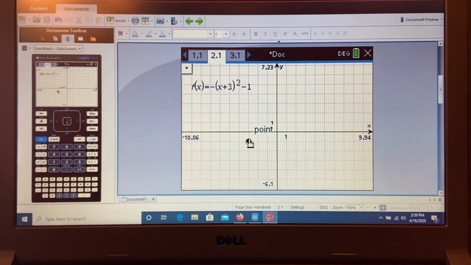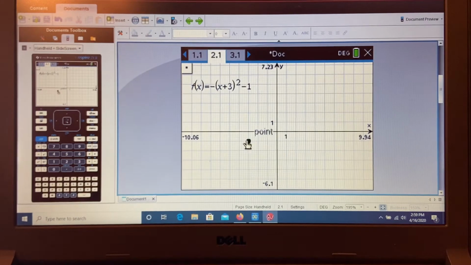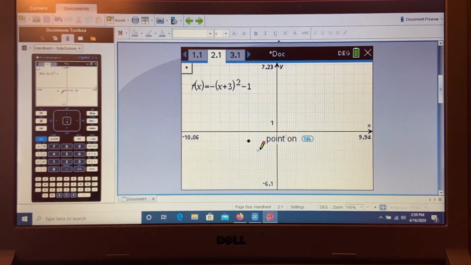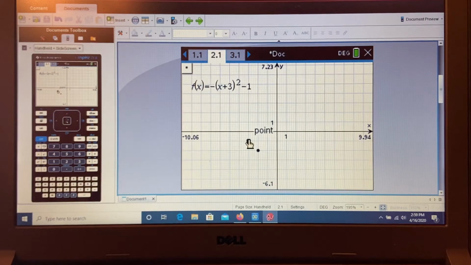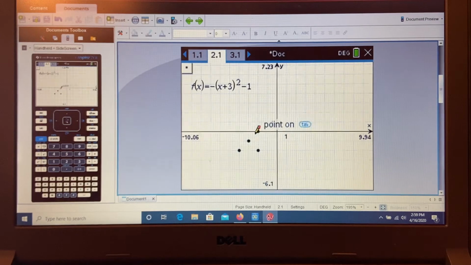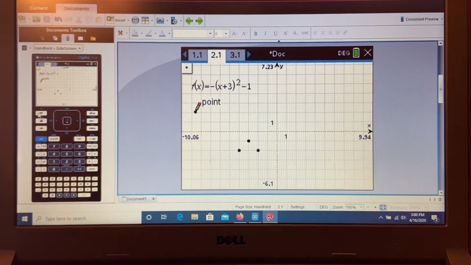So there is our vertex, and it opens down, but it is still the same size as the parent function, so we know we're going to go over 1, and we're going to go down 1 since it opens down, and the same thing on the other side, over 1, down 1. So those should be the first 3 points that our equation goes through.